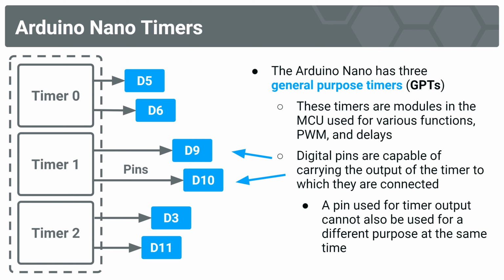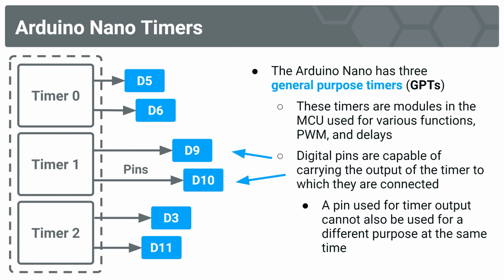But it's also important to remember, if you are using pin D5, for example, to output a PWM signal, you can't also use that pin for a different purpose. You couldn't output a PWM signal from pin D5 at the same time you were using digitalWrite or digitalRead. A pin can only be configured to one function at a time typically.